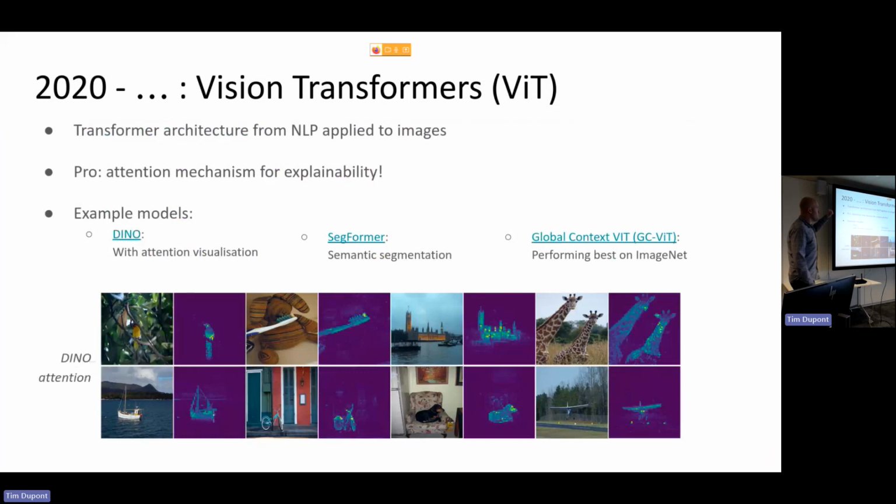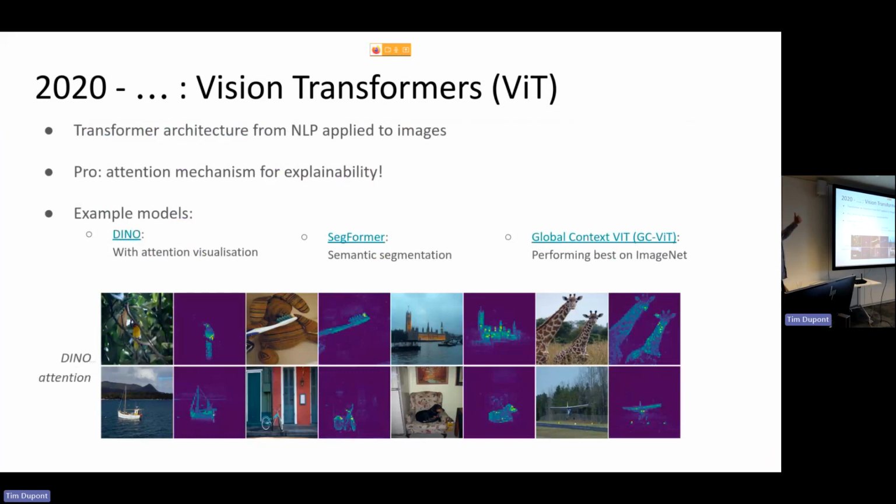Another handy thing about it is, I won't go into the details, but a transformer works with a sort of attention mechanism, and the attention mechanism is trying to figure out what are the important elements of the input data. For text data, this means certain words or terms that are important. For image data, it means certain parts of the image that it focuses on in order to do its classification.